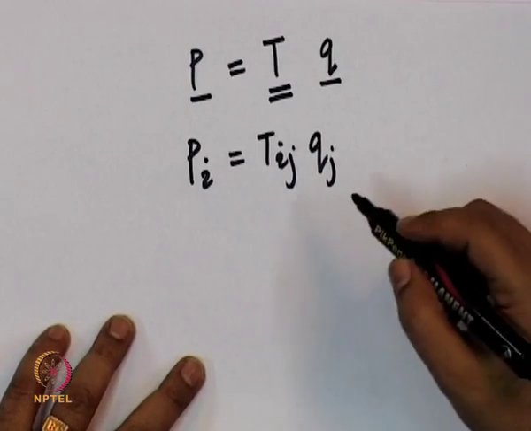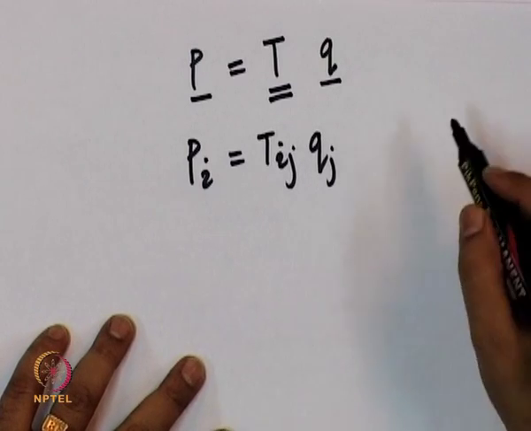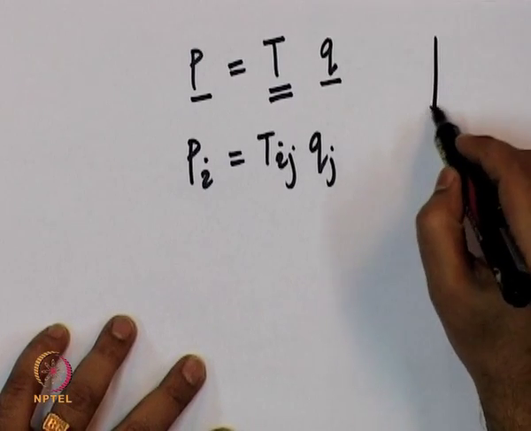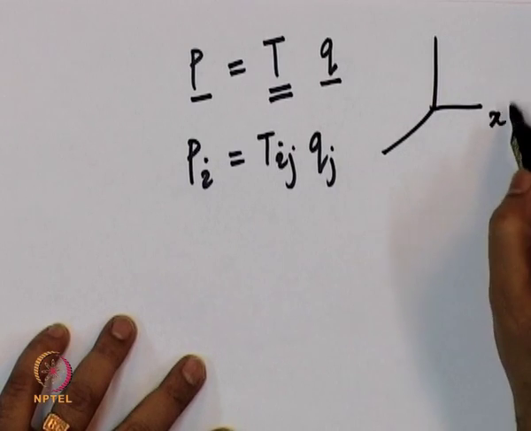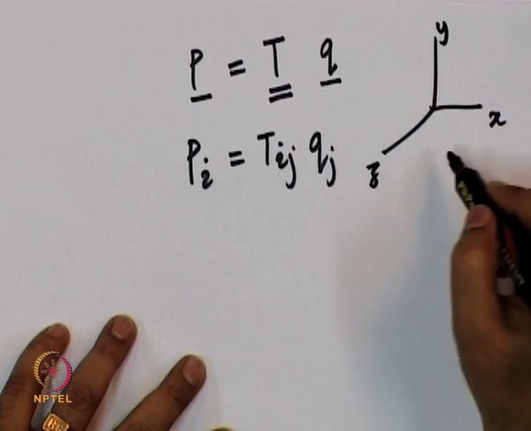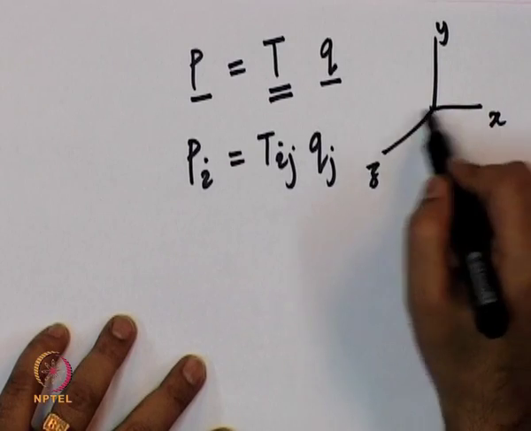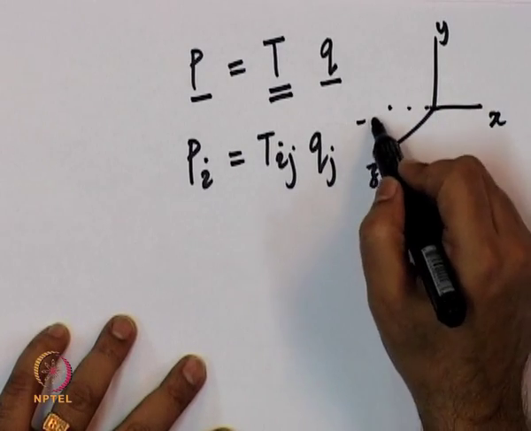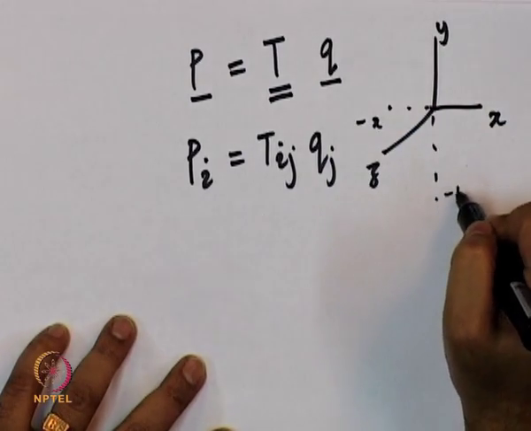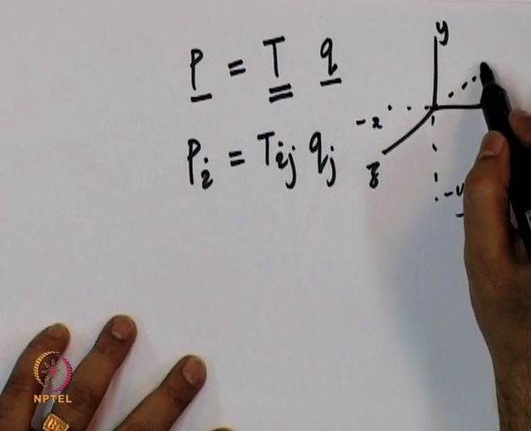Now, suppose I do an inversion operation. What is an inversion operation? I have my x, y and z, and I do an operation in which x goes to minus x, y goes to minus y and z goes to minus z.